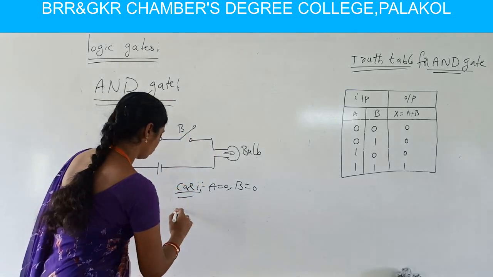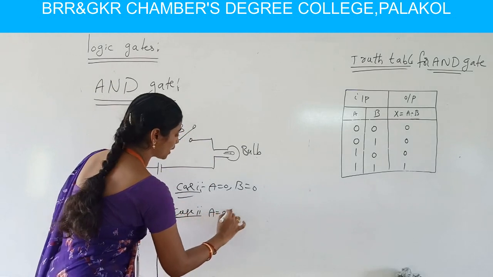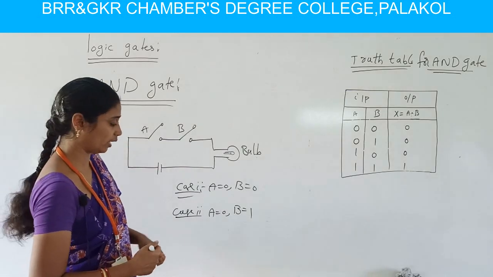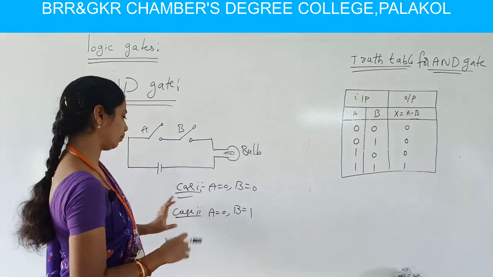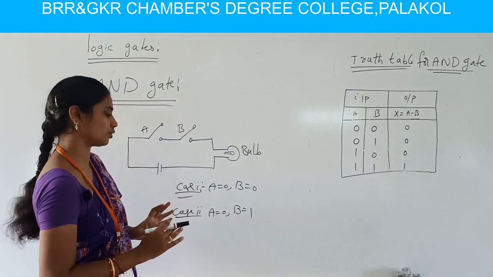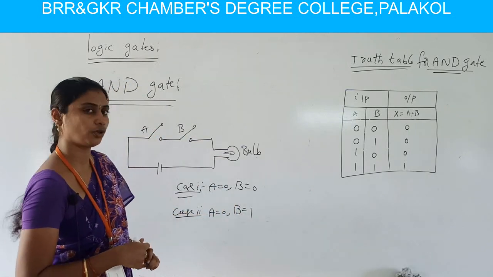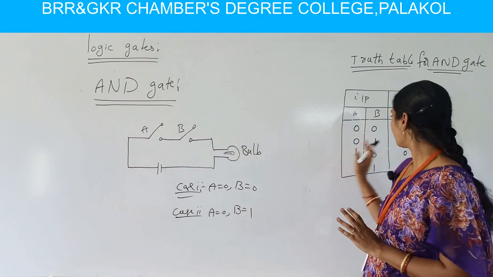In case 2, we consider A equal to 0 and B equal to 1. So here A is low logic level and B is high logic level. The product of 0 and 1 is also 0.